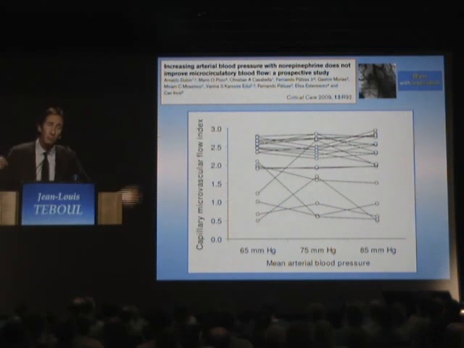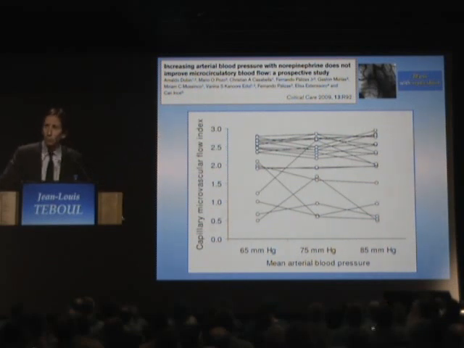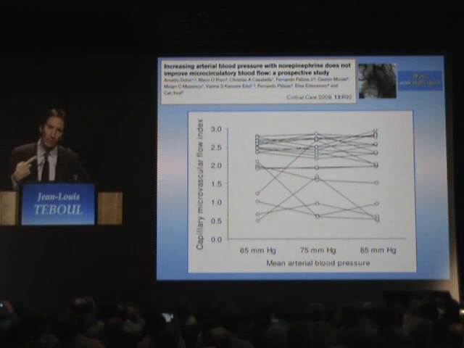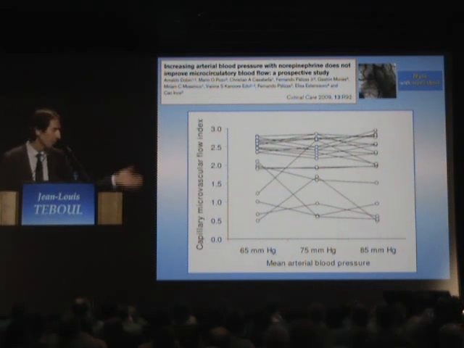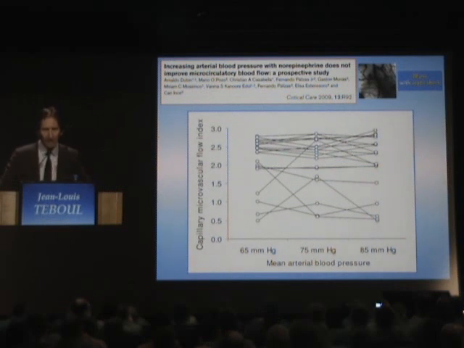But there are some different results according to studies. This is a study by Dubin and co-workers from Argentina, and they also assessed microcirculation of the sublingual area using the SDF technology. And they examined patients at different levels of mean arterial pressure, 65, 75, 85 again. They measured the capillary microvascular flow index, which is a major variable.